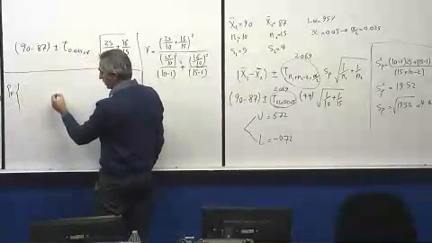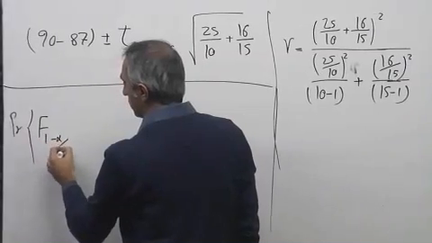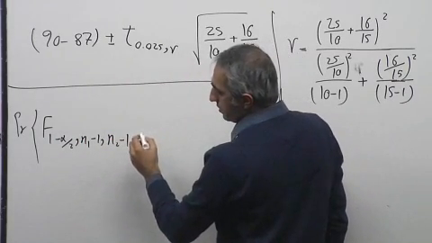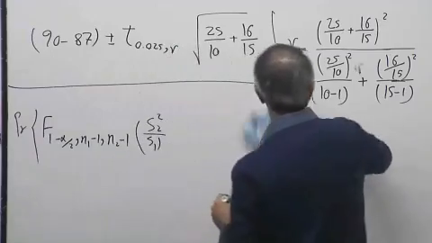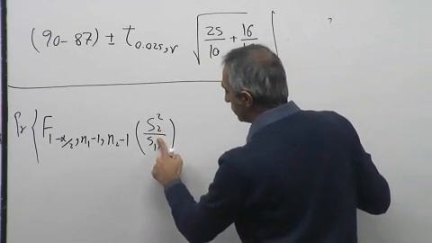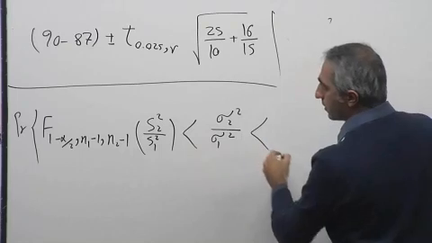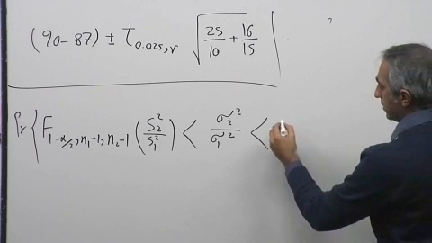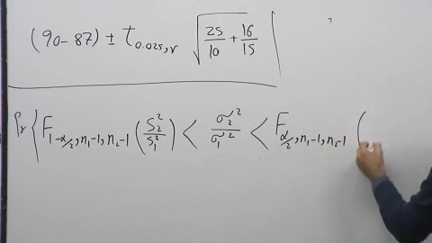So in this case, I get, multiplying by this S2 squared over S1 squared, then F of alpha over 2 with the same degrees of freedom multiplied by the same thing.